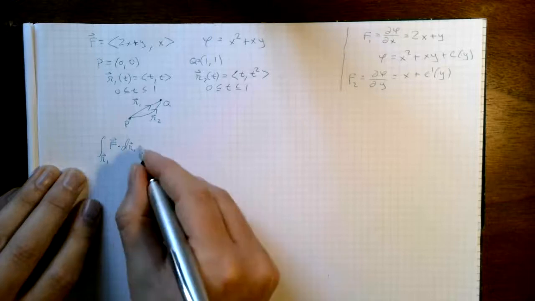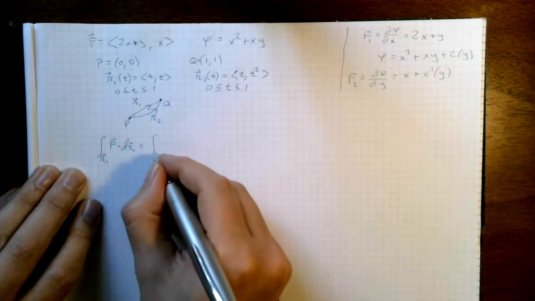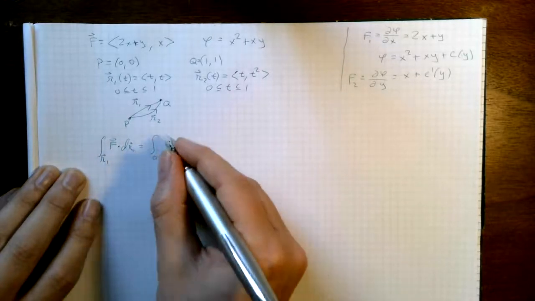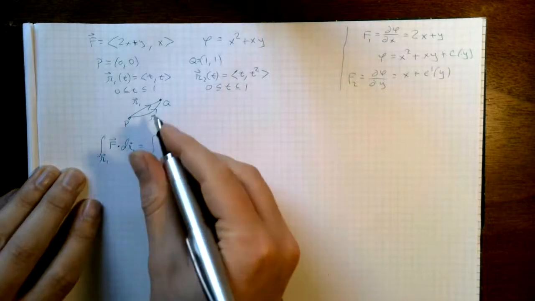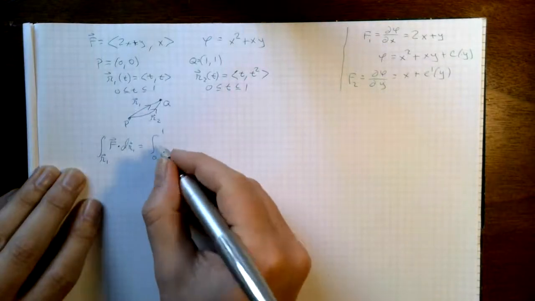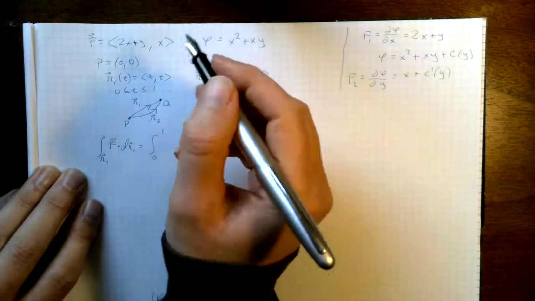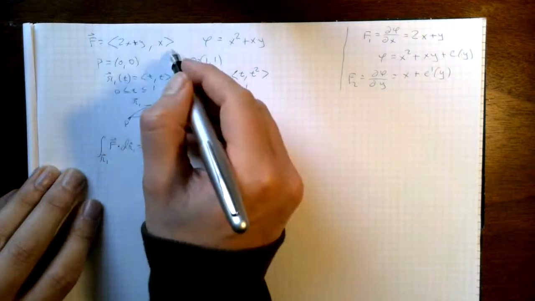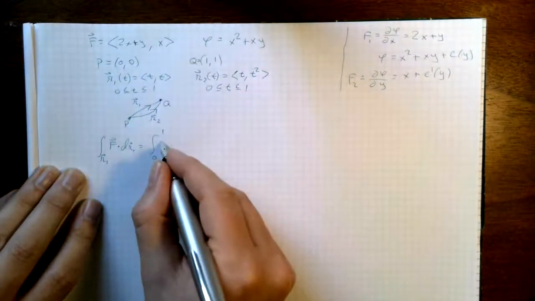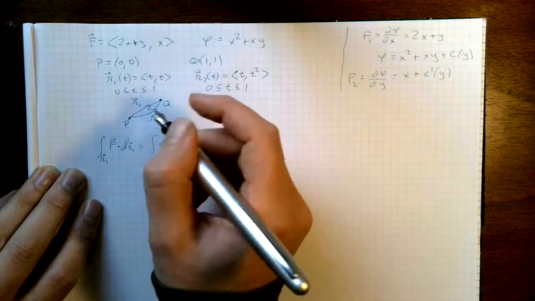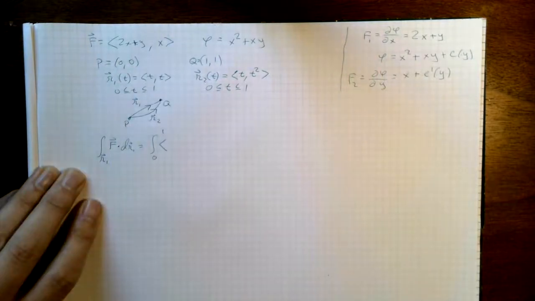So this is just the integral from 0 to 1 of f. Let's just do it using the definition instead of the theorem.